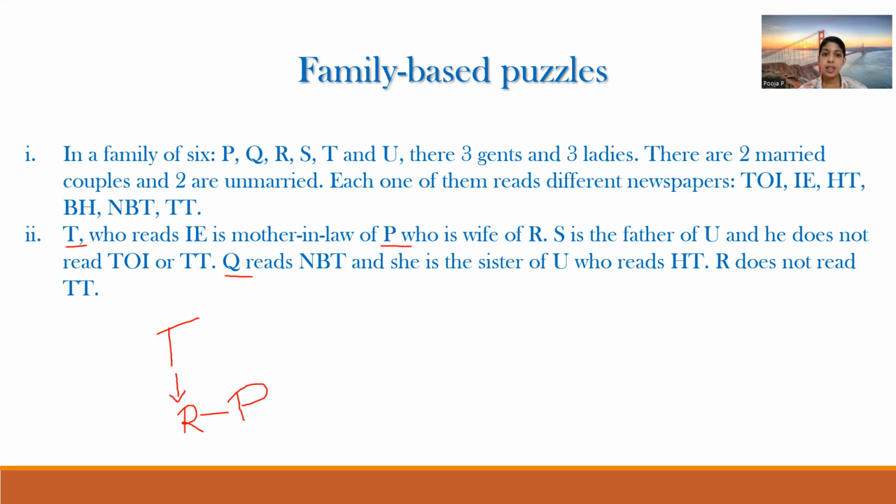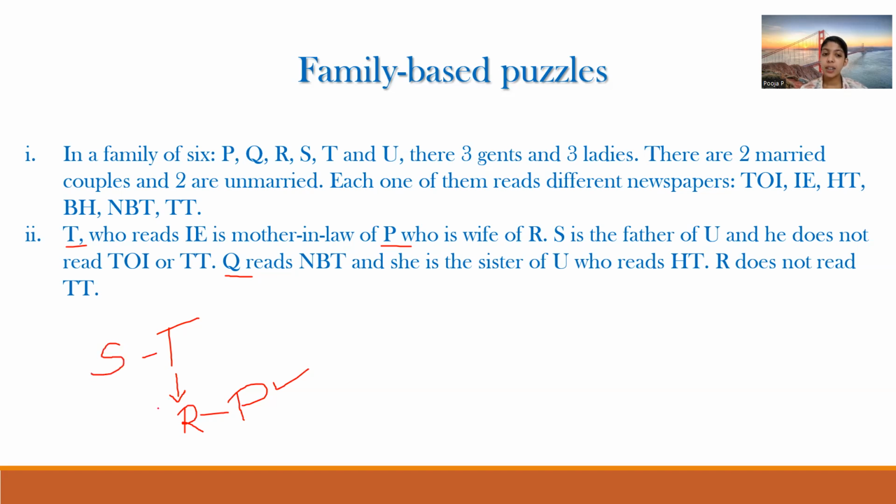Okay. S is the father of U. So here one couple is done. They have told there should be two couples. One couple is done. And S is the father of U. So if he is a father, then he should be part of the couple. So this is the only left-out couple that you have. Correct?